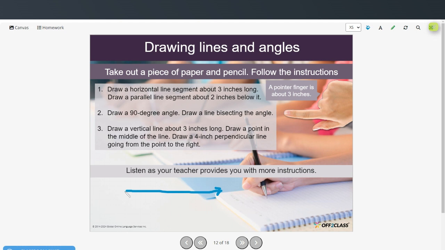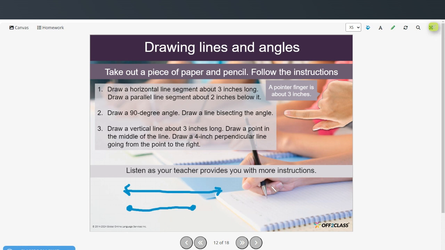So if it's a line, remember it goes on forever in both directions. And a line segment that's about 2 inches long. It's not perfectly straight, you kind of get the idea.